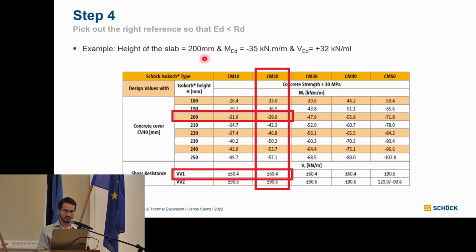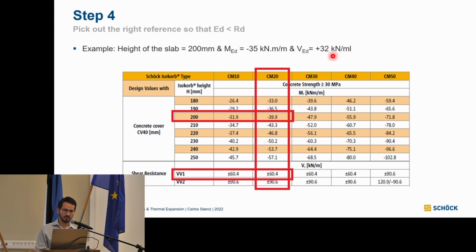We have a slab height of 200 millimeters. So we go to our table, find our slab thickness. And let's say we need to withstand 35 kilonewtons negative for our bending moment. So we go this way, this one is not enough. We go to the next one and that's it. This is the product range that we can use to withstand this moment.